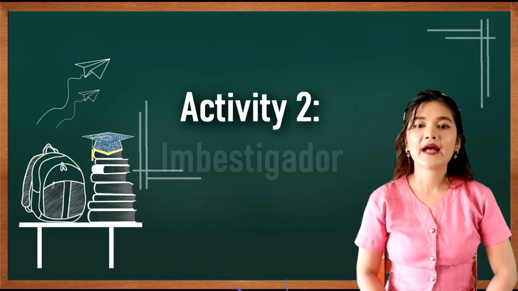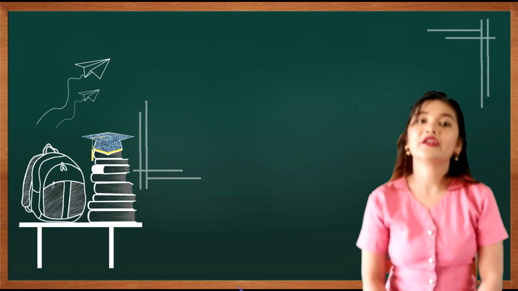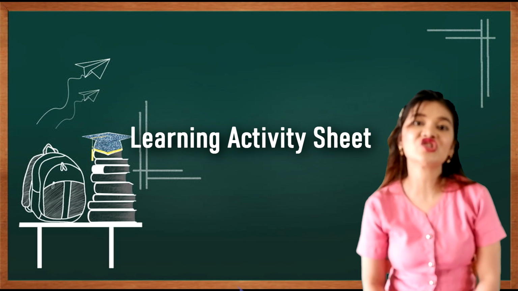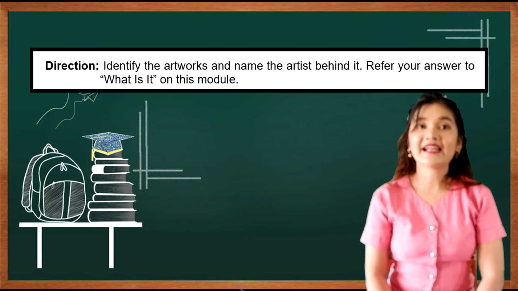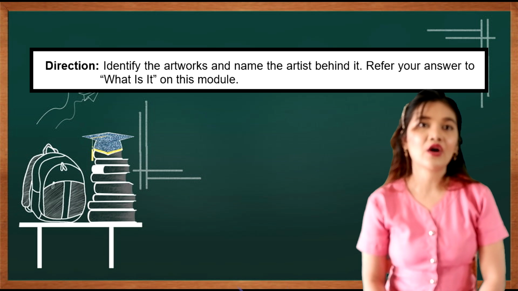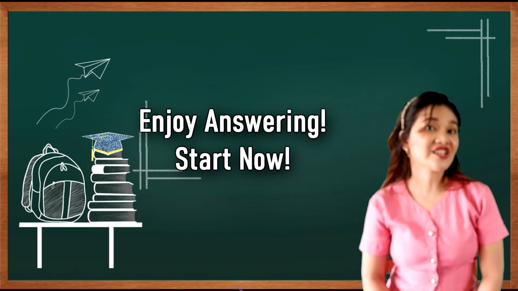Activity 2, Investigador. In this activity, please refer to your learning activity sheets. Direction: identify the artworks and name the artist behind it. Refer your answer to what is in this module. Enjoy answering.